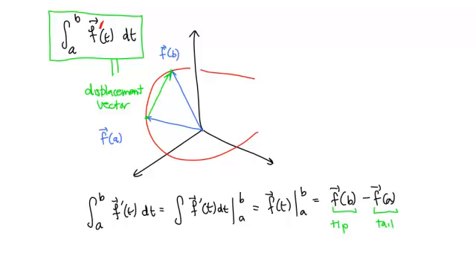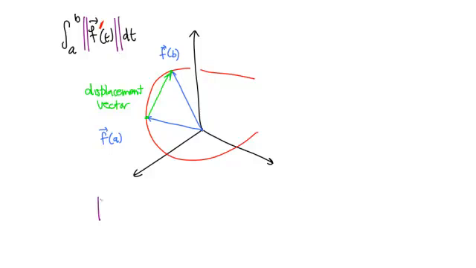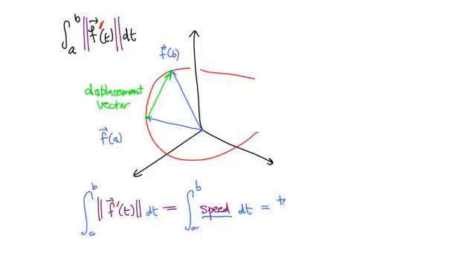What's even cooler, if I were to put absolute values on it, vector modulus, it turns out that this has a meaning too. We know that the magnitude of the derivative is equal to the speed. So what happens if you integrate the speed from a to b? Well, when we were in Calc 1, if you integrate speed, that tells you the total distance that you've traveled.